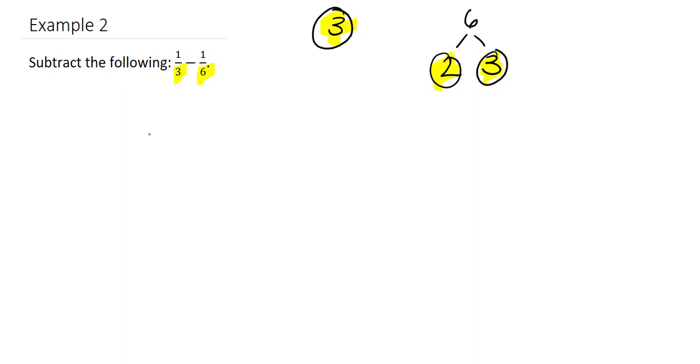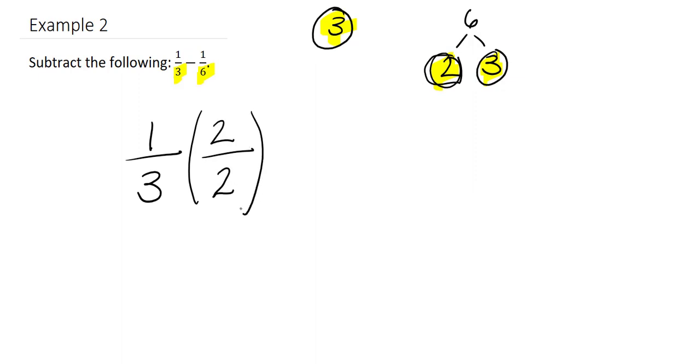So when we rewrite 1/3, if we're missing a 2, we just need to multiply. Whatever we multiply, we have to do it on the top and the bottom of the fraction because we want to change the number but not the value of the fraction. This is essentially multiplying by 1, because 2 over 2 is equal to 1.